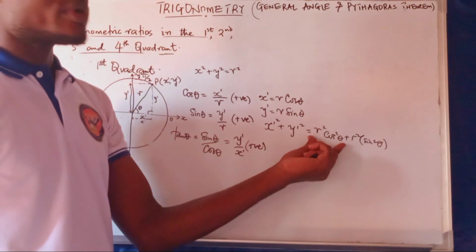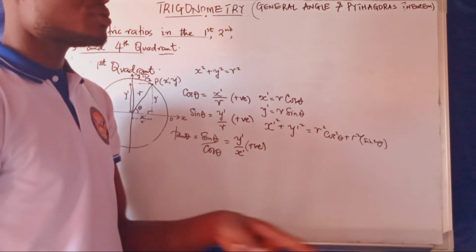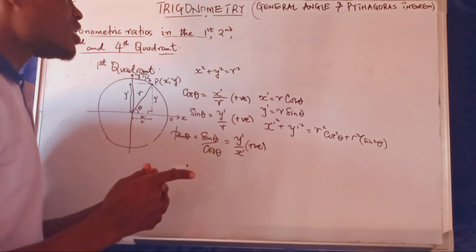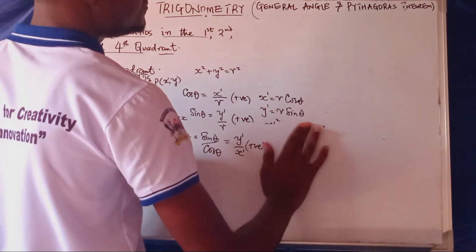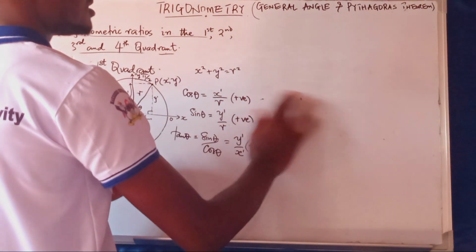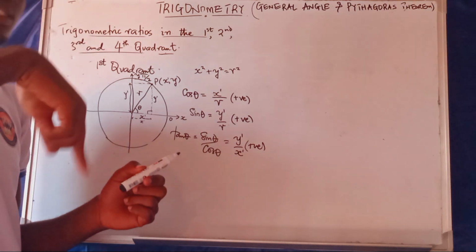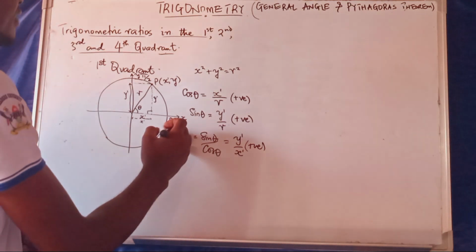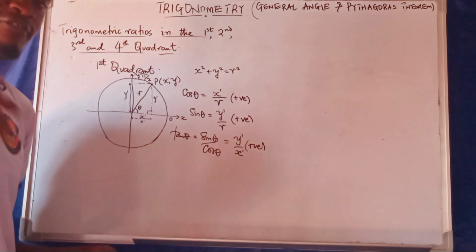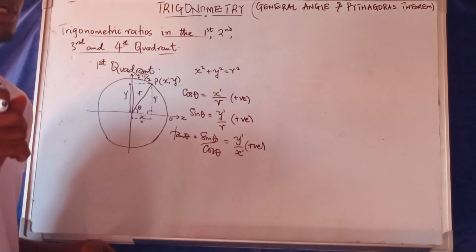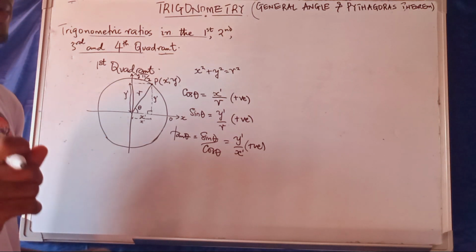Factorize out r squared, remain with cos squared plus sine squared, which is 1, which satisfies the equation. So those points must satisfy that equation, since they are points picked on the circle. They must satisfy that curve. So in the first quadrant, all trigonometric ratios are always positive.